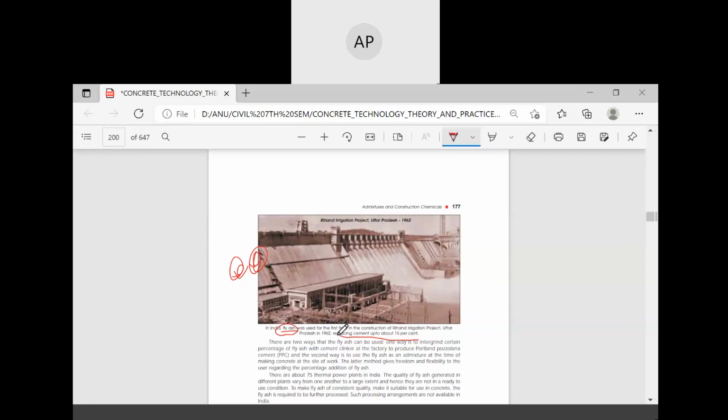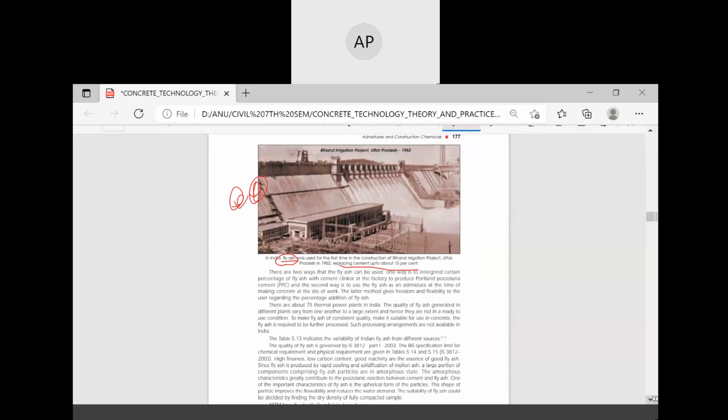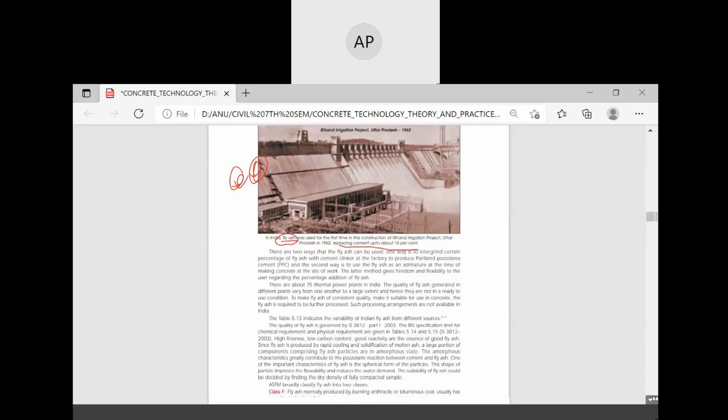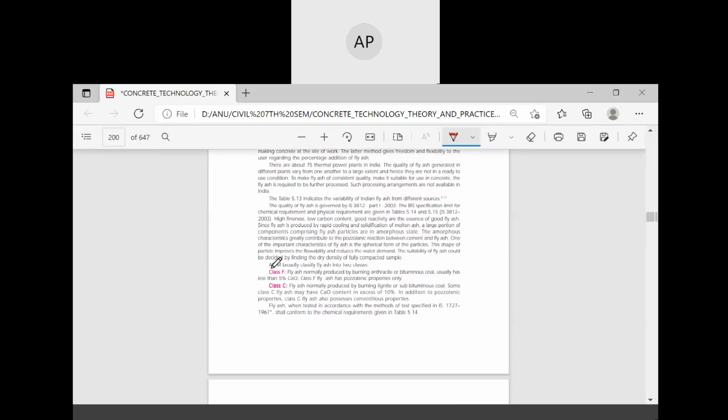There are two ways that fly ash can be used. One way is to intergrind a certain percentage of fly ash with cement clinker at the factory, or the second way is to use fly ash as an admixture at the time of making concrete. So we can use fly ash in the cement manufacturing process directly, or while making concrete, where we also add fly ash as an admixture. Next, fly ash is classified as class F, class C, like that.